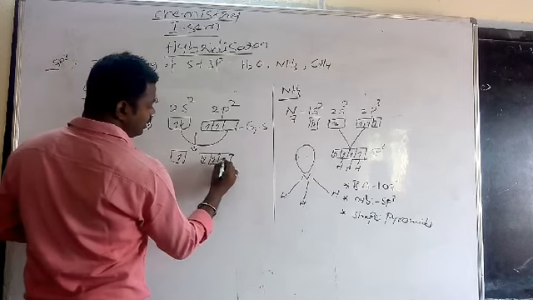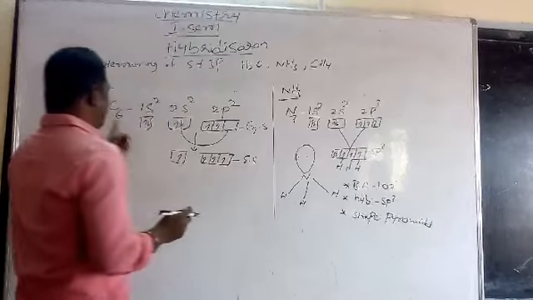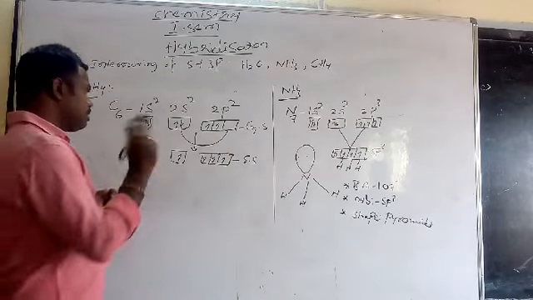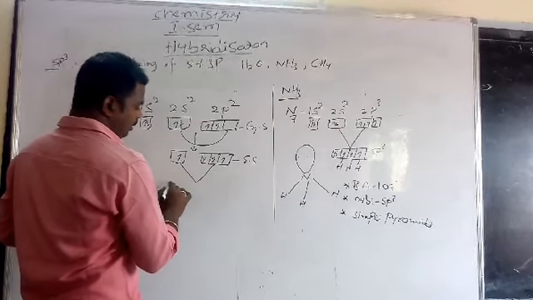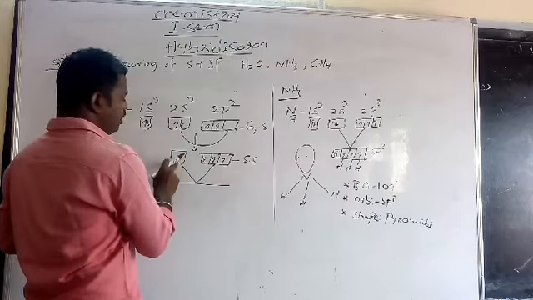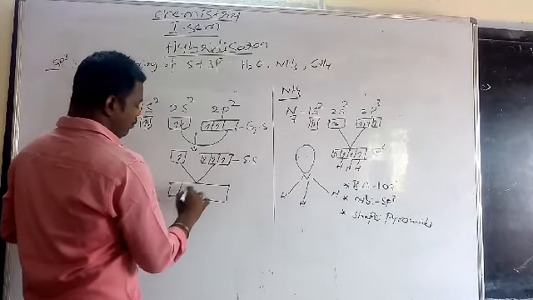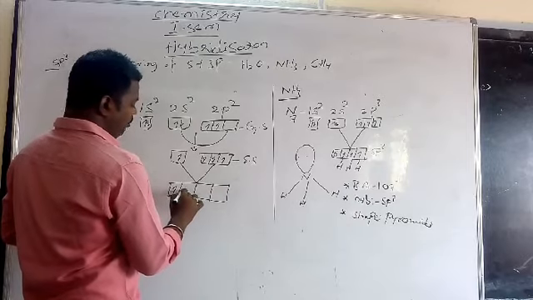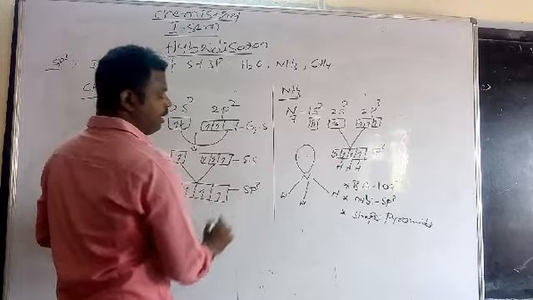1, 2, 3, 4. This is the excited state of carbon. In the excited state of carbon, 4 unpaired electrons are formed. Now intermixing of the 2s orbital and 3 p orbitals combine to give 4 equivalent sp3 hybrid orbitals.